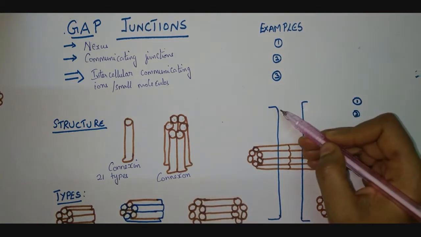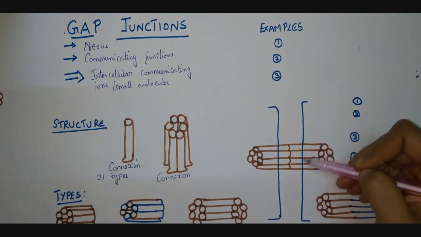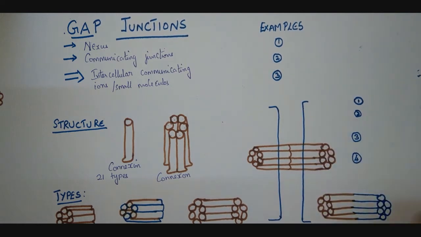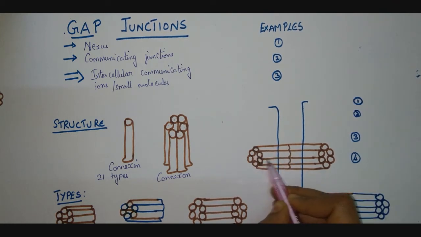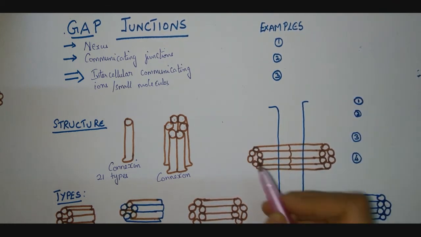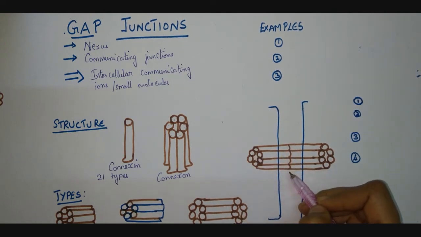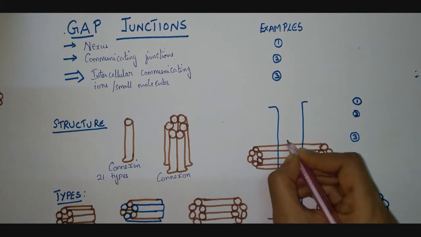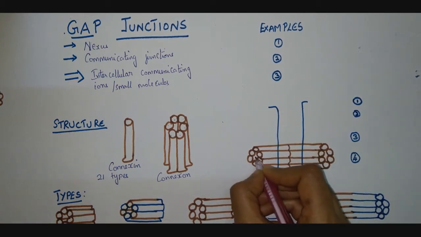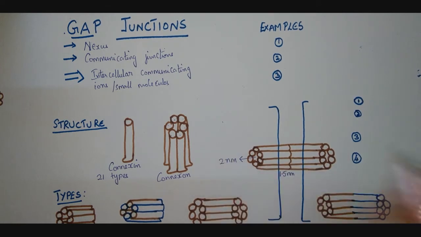Consider this as the plasma membrane of one cell, and this as the plasma membrane of the adjacent cell. The six connexins make one hemichannel, an aqueous pore extending through the plasma membrane into the intercellular space. It extends approximately 1 to 1.5 nanometer into the intercellular space, and the diameter of this aqueous pore is around 2 nanometer.